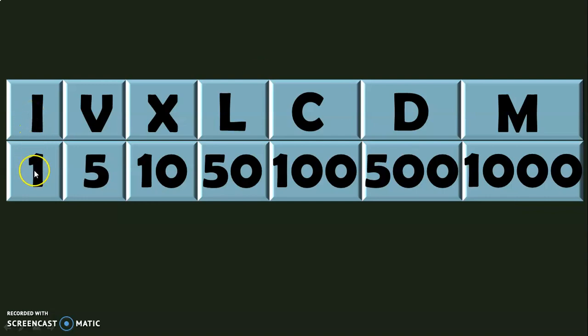I corresponds to 1, V corresponds to 5, X corresponds to 10, L corresponds to 50, C corresponds to 100, D corresponds to 500 and M corresponds to 1000.